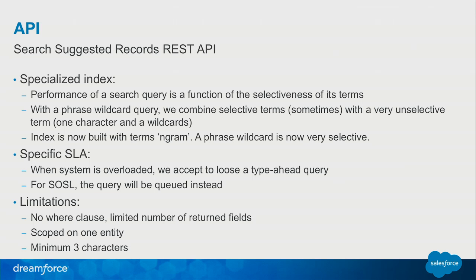When I say index, I'm not talking about a database index. I'm talking about a full text index. To serve the type ahead queries and also to serve SOSL, we have a separate full text search engine, and we don't go through the database for these queries.